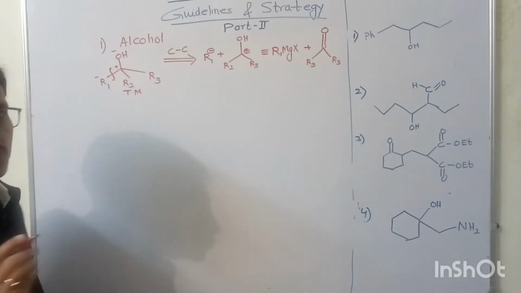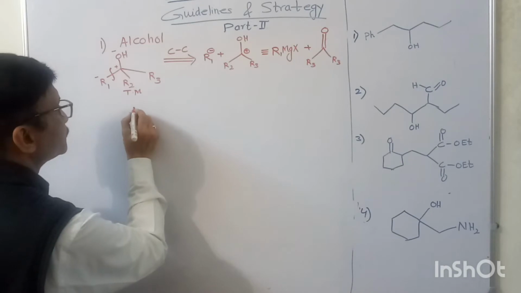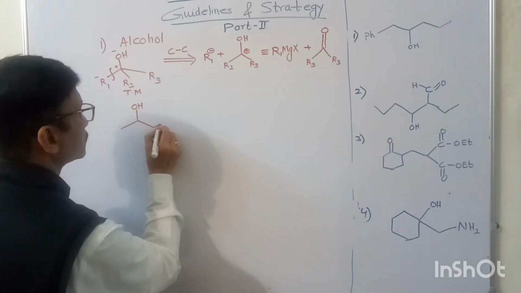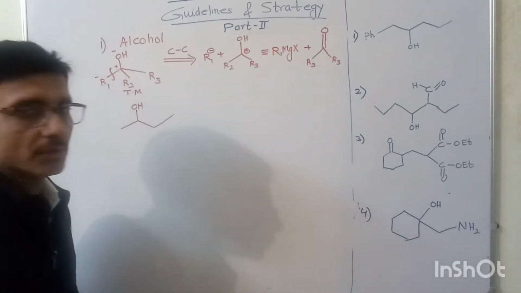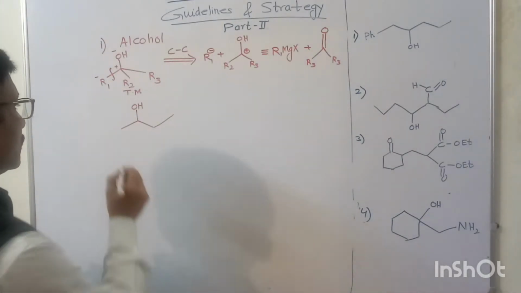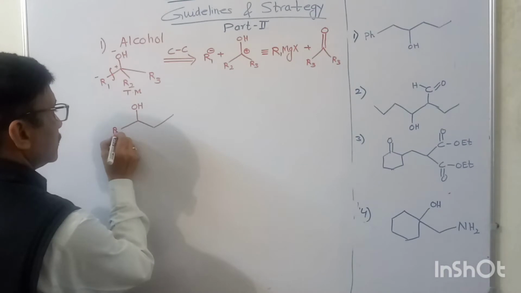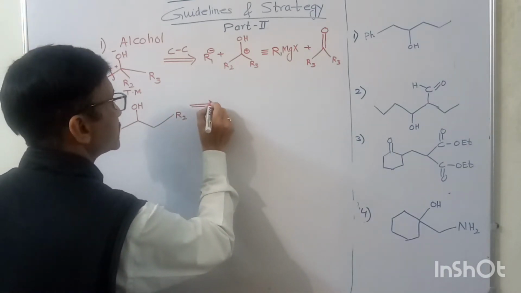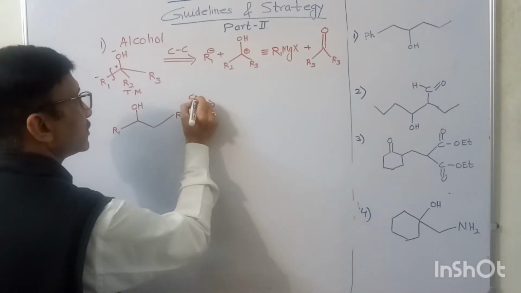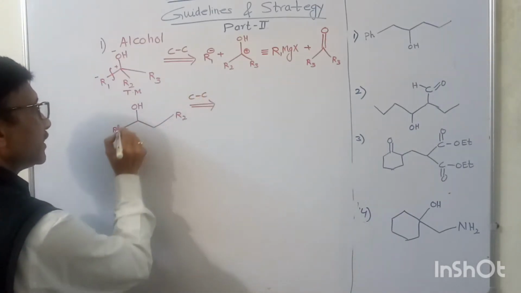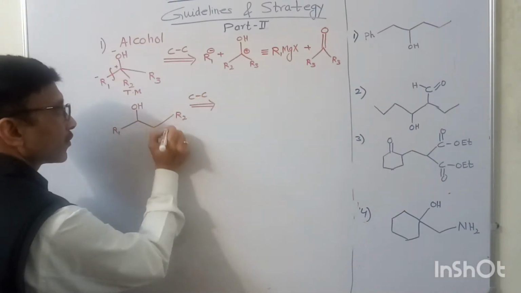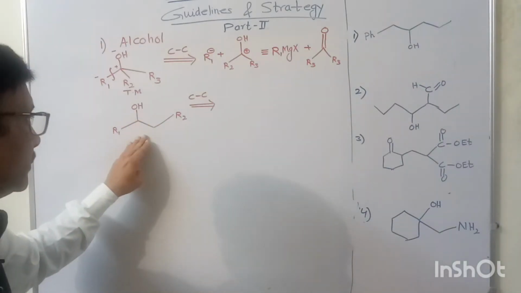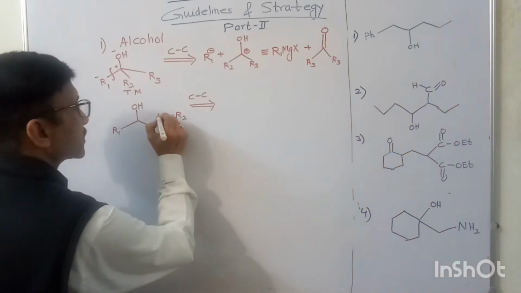Now suppose I take one more example. In this case again we can do the carbon-carbon disconnection. We can disconnect it from here, from here, from here. So from where should this target molecule be disconnected? It is disconnected from here.